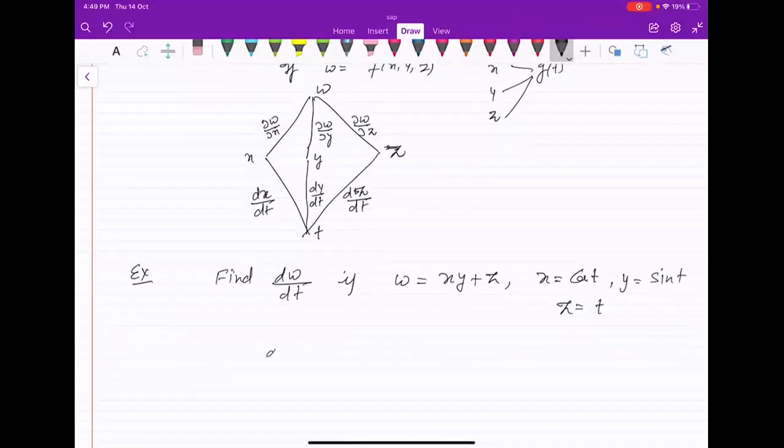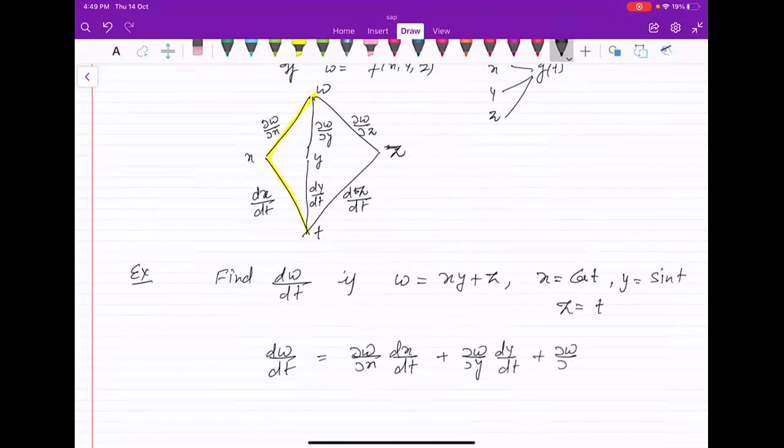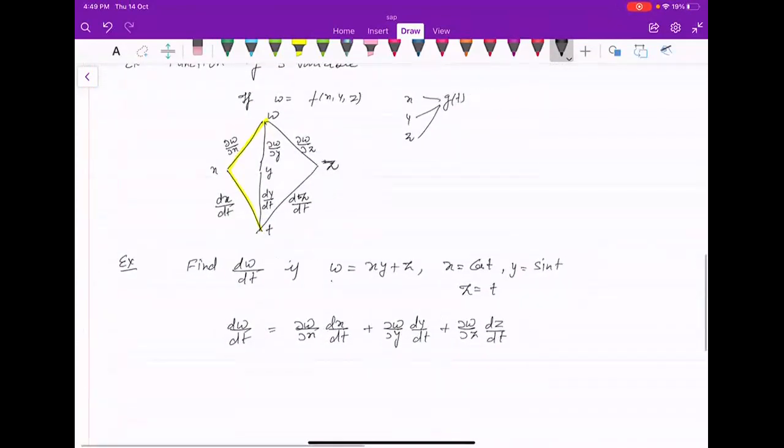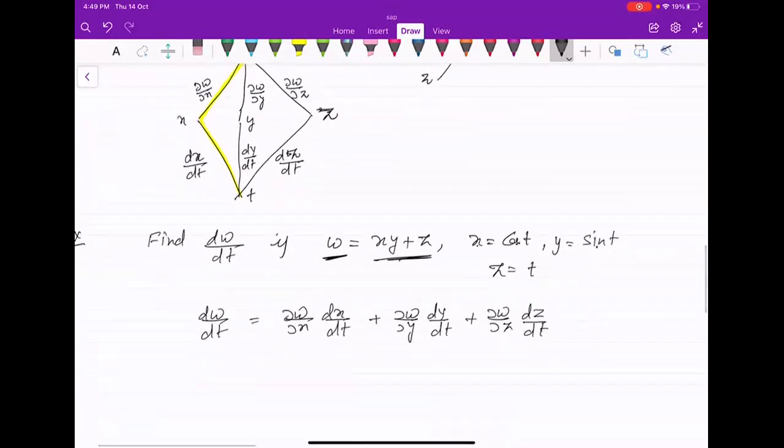It's very simple. dw by dt equals del w over del x, dx by dt, plus del w over del y, dy by dt, plus del w over del z, dz by dt. So you can compute all these values, where w is equal to xy plus z, and x, y, z are functions of t. There may be different functions: x is cos t, y is sin t, and z is t. So try this question by yourself.